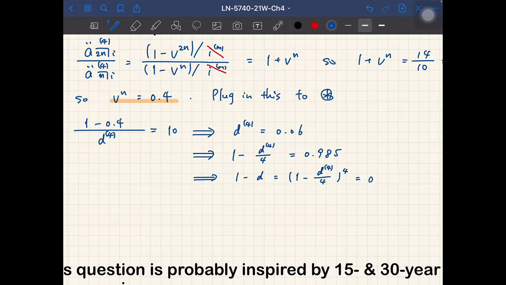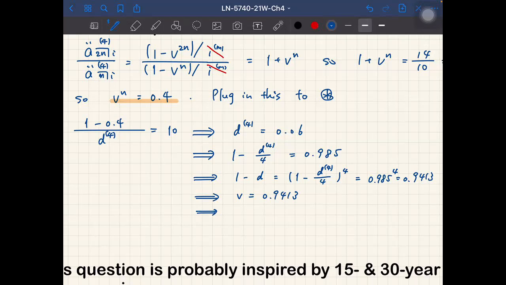If you calculate it, this is equal to 0.9413. So now we have d, then we can calculate v. v is 1 minus d, so v is equal to 0.9413.